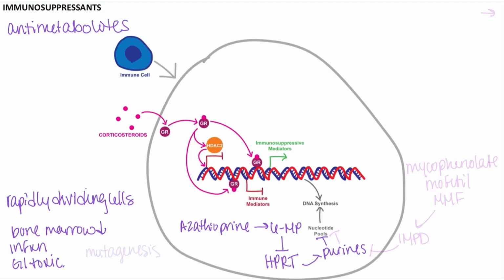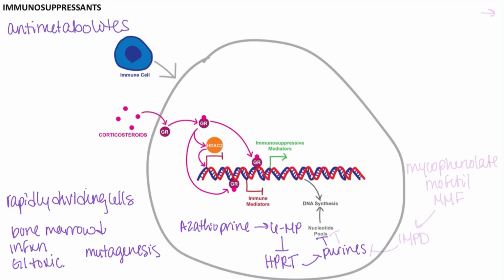There's also going to be a risk of mutagenesis and carcinogenesis. And for this video, we don't have time to get into it, but azathioprine and 6-mercaptopurine actually have some really important drug interactions you should be aware of with allopurinol, as well as some pharmacogenetic considerations. So I would encourage you to look those up, but we won't get into them in this video.